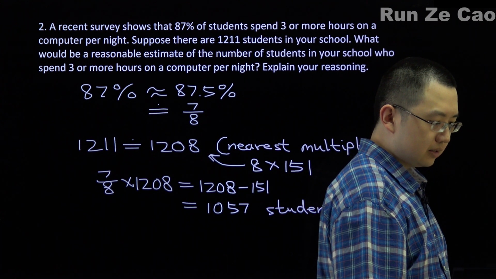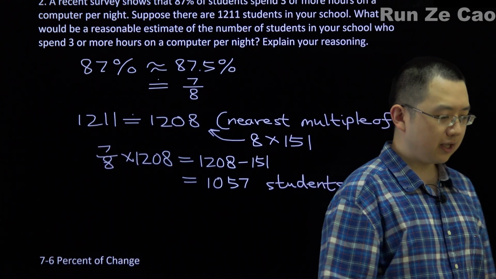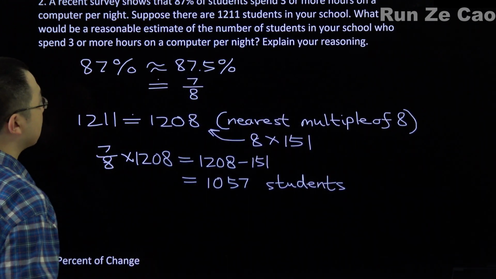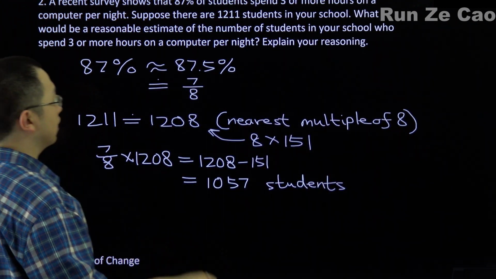Yeah. So our statement would be approximately 1,057 students spend 3 or more hours on a computer per night.